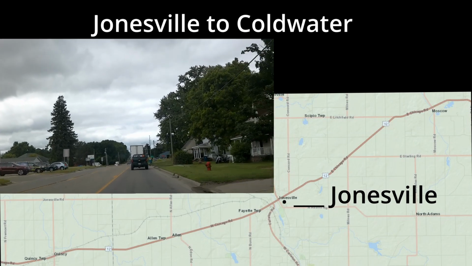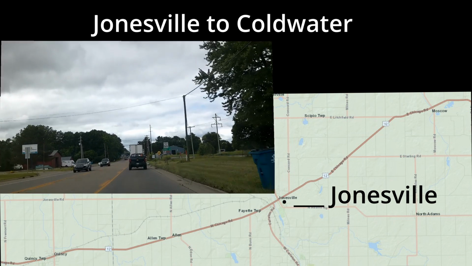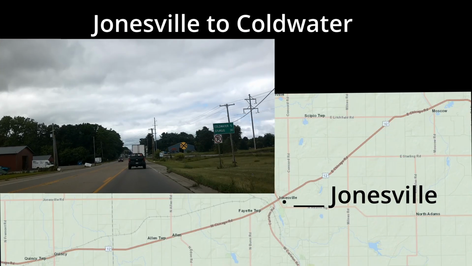The road from Jonesville to Coldwater is a little more built up, and we do have the village of Allen, blink and you'll miss it, and the town of Quincy.